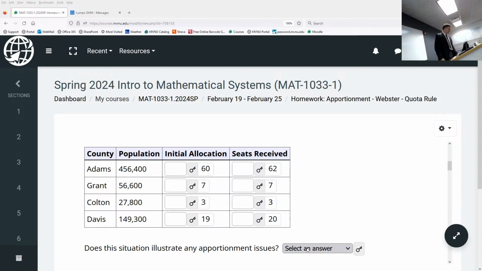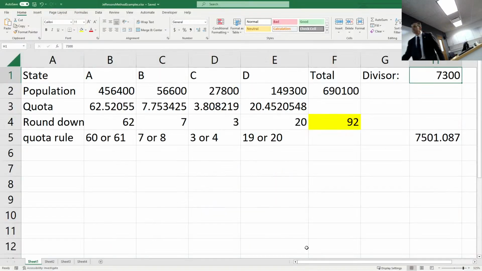To check, here is the quota rule, and we want to compare it with what we actually got. It looks like we're okay here, and okay there. But this one violates the quota rule. It got too many seats, at least according to the quota rule. So this is a quota rule violation.